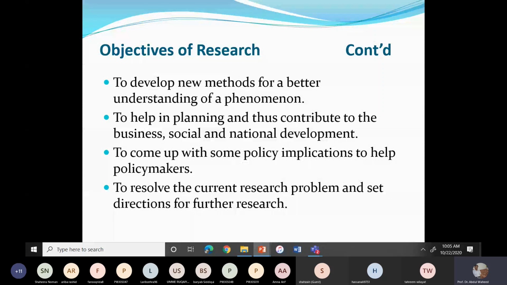Then again, different types of bread, what type of bread they prefer, and then also in the lunch, what they prefer. So we can do a survey, and on the basis of that survey we can come up with our findings, and then we help the businesses.